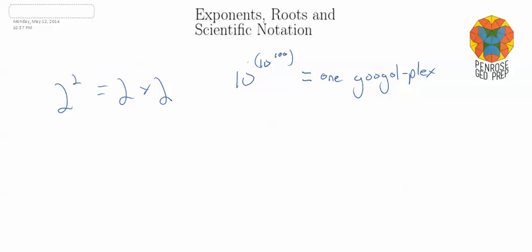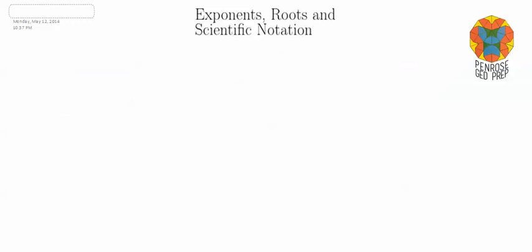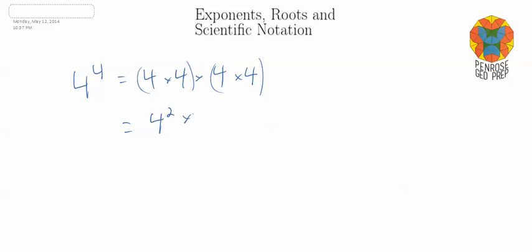Let's look at some other properties of exponents. Notice that we can write 4 to the 4th as 4 times 4 times 4 times 4. And if we group these into two different groups of 4 times 4, we can rewrite 4 to the 4th as 4 squared times 4 squared.